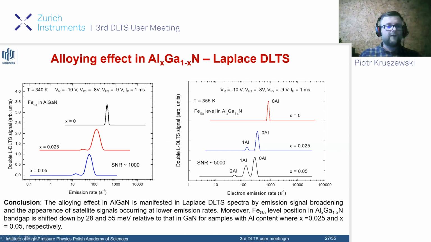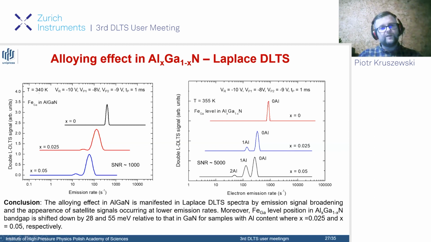The same for the 5% sample, and additionally, the peak shifts to lower emission rates because the trap is deeper, so the emission rate is lower at the same temperature compared to gallium nitride. The signal-to-noise ratio is around 1000 in this case.